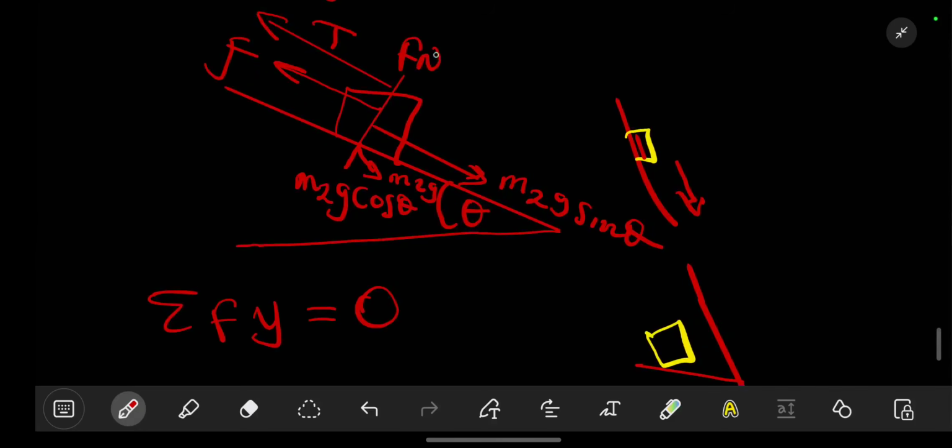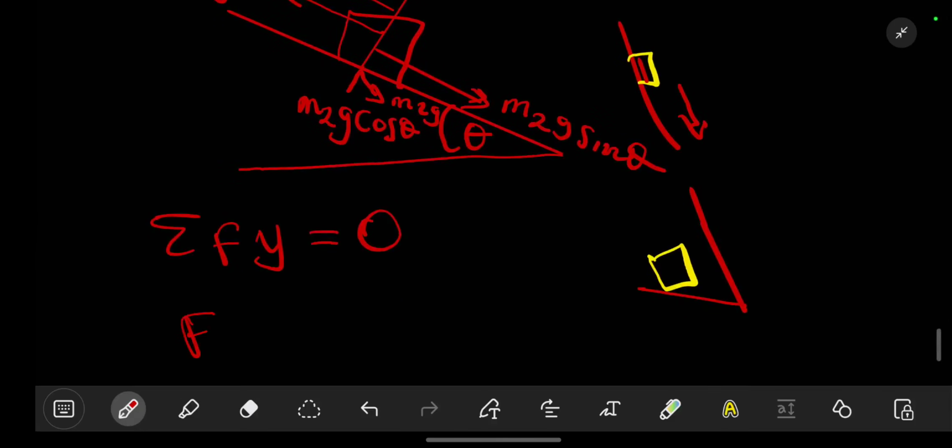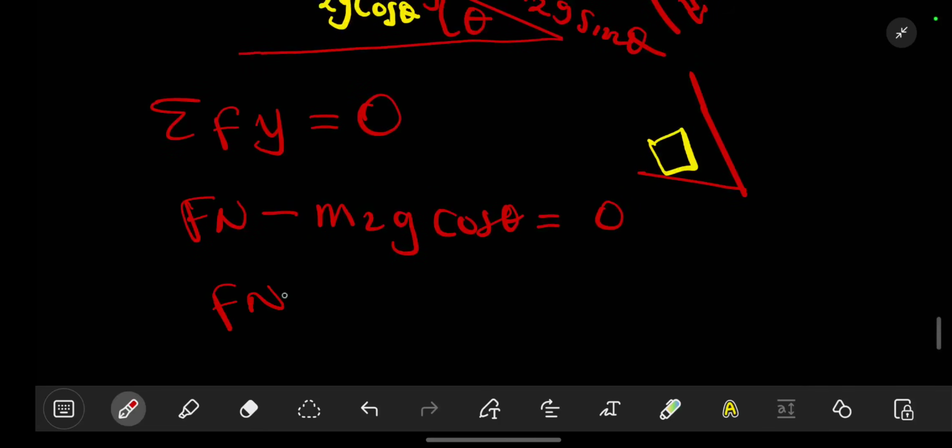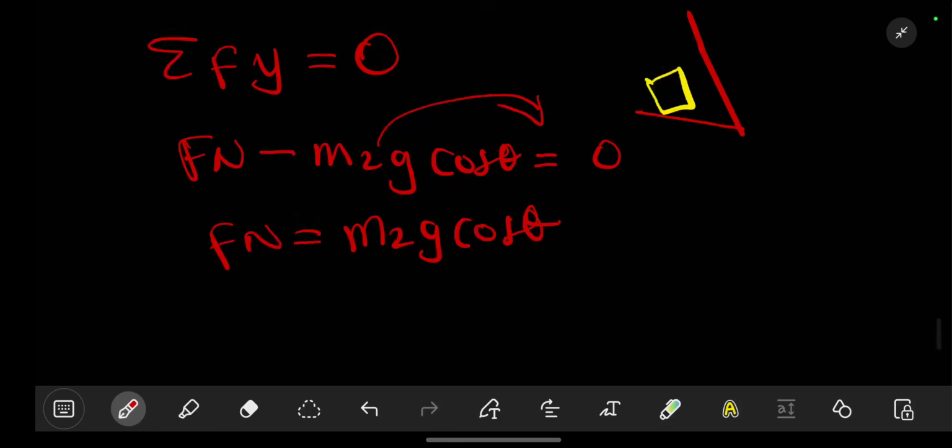Then what forces are those? The normal force minus the line you extended, which is your m2g cos of theta, should be equal to 0. So your normal force should be equal to m2g cos of theta, like that.